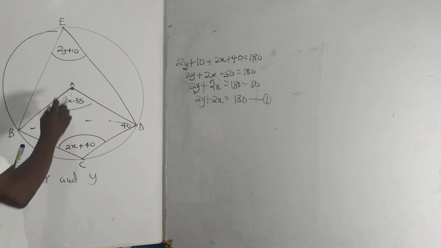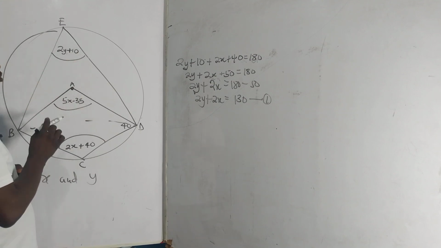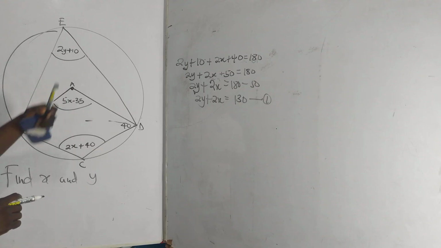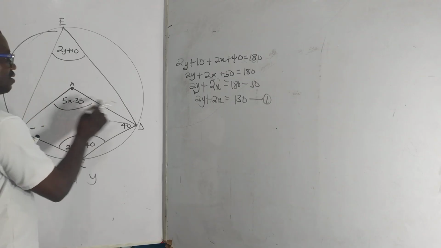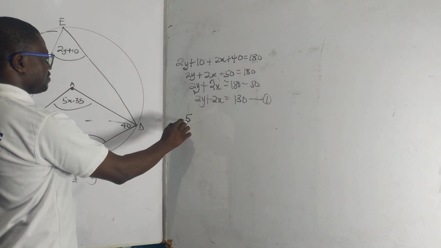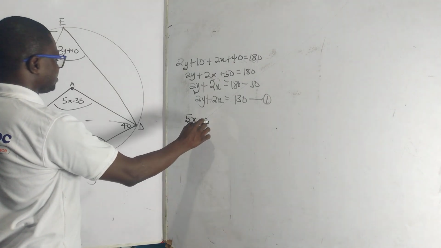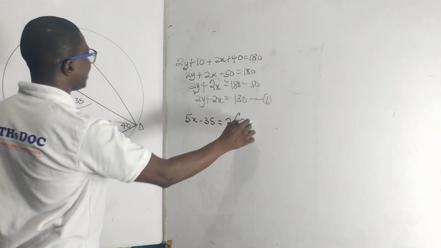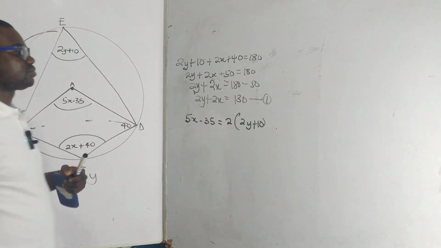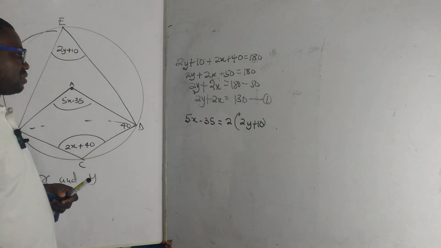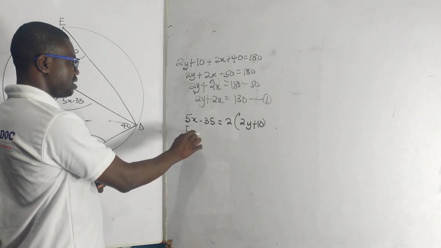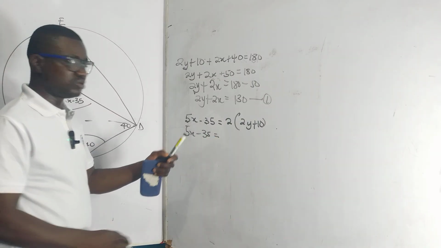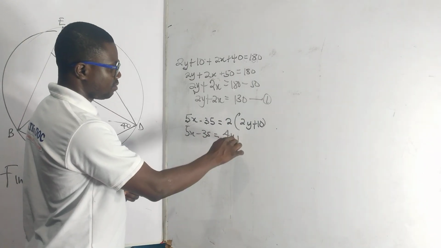So in order to make this angle and this side equal, you have to also multiply this angle by 2. So it means 5x minus 35 is equal to twice 2y plus 10. Let's simplify that. We are going to have 5x minus 35 is equal to 2 times 2, which gives you 4y plus 20.